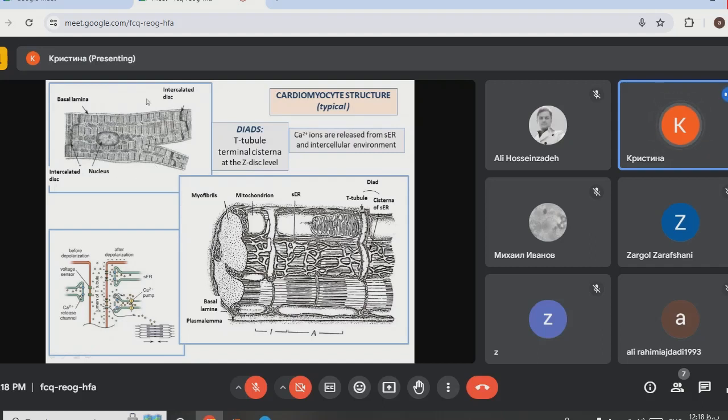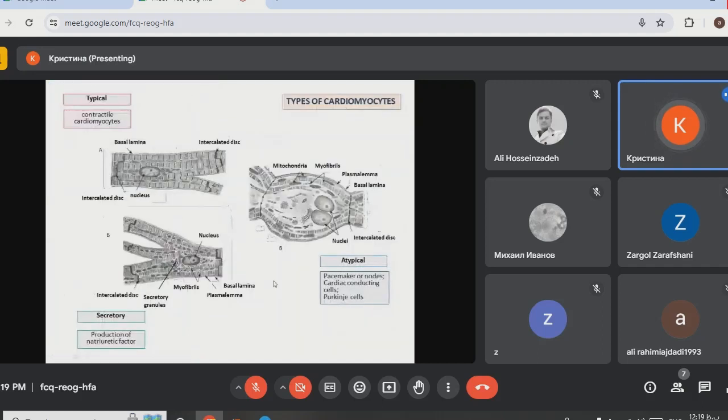And if we cut like this through this area, we will see that the myofibril looks like this. Also, the diads are located at the level of the Z line. The triads in skeletal muscle tissue are located at the level between the lighter I band and the darker A band. So triads would be located at this level, and diads are located at this level.